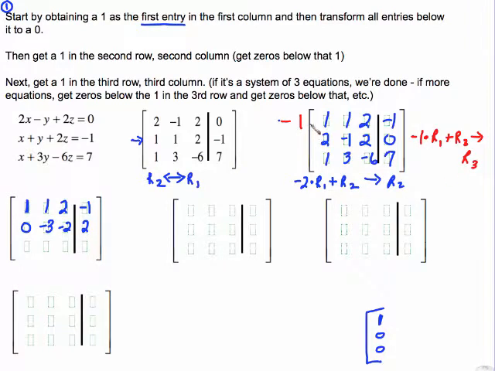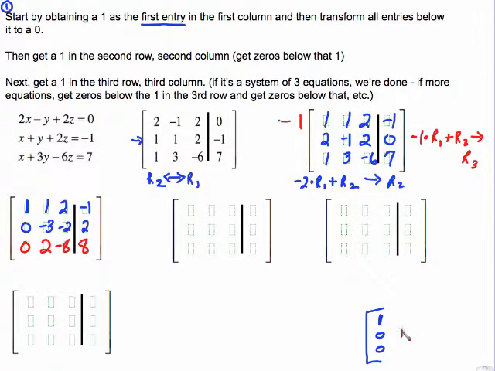So -1 times 1 is -1 plus 1 is 0. -1 times 1 is -1 plus 3 is 2. -1 times 2 is -2 plus -6 makes -8. And -1 times -1 is 1 plus 7 is 8.